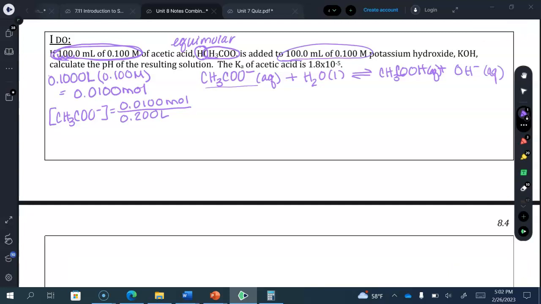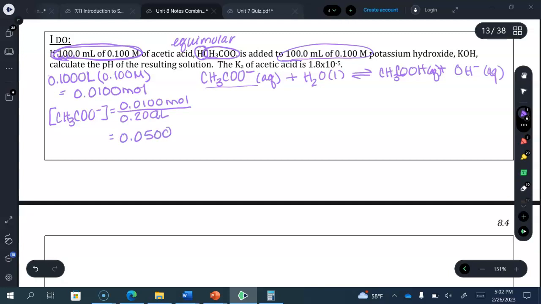So then we do 0.01 divided by 0.2, and you should get 0.0500, and there should be a third zero there. And that's molarity, and that is the concentration of our conjugate base.